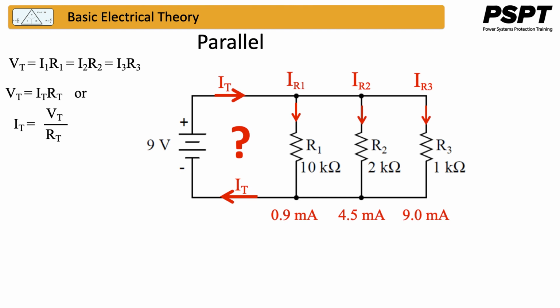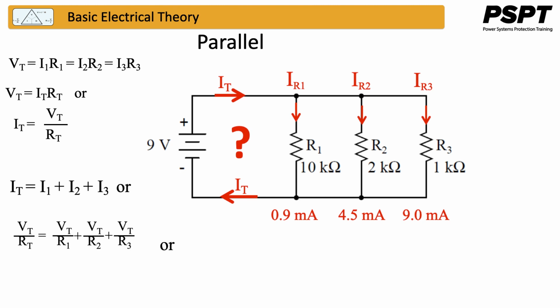We know that the total current is going to be equal to the sum of all three currents, that is I1 plus I2 plus I3. And we also know that VT divided by RT, or the total voltage divided by the total resistance, is equal to VT over R1 plus VT over R2 plus VT over R3.